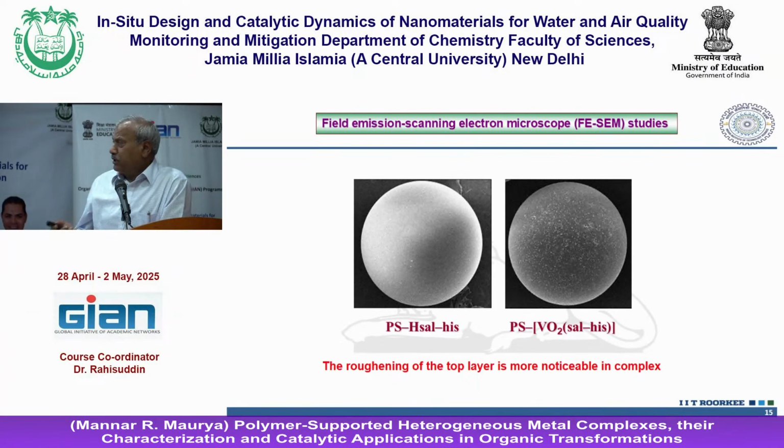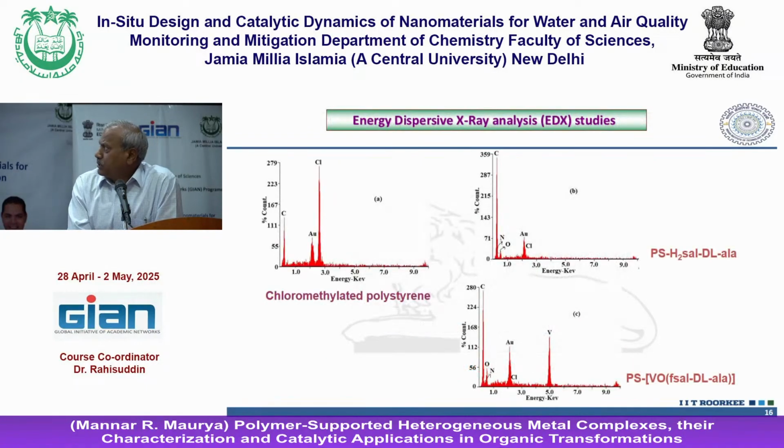Later, through SEM energy dispersive X-ray analysis, we could see whether the ligand is there by looking at the nitrogen percentage, and whether vanadium is there by looking at the vanadium percentage. We were sure that the metal complex is anchored or covalently bonded to the polystyrene, or in other words, that the heterogeneous catalyst has been prepared successfully.